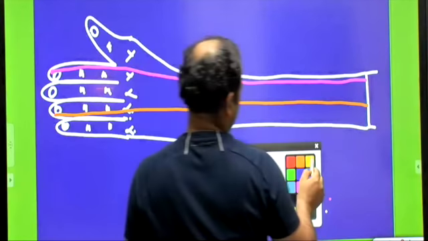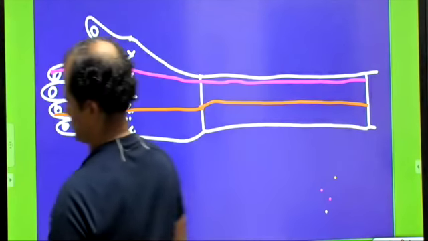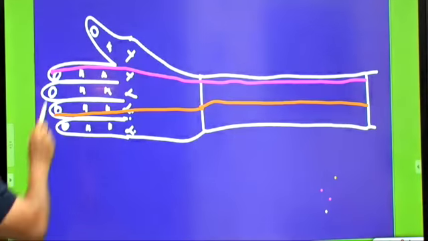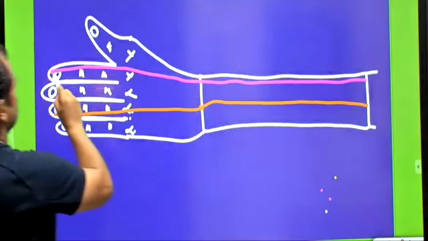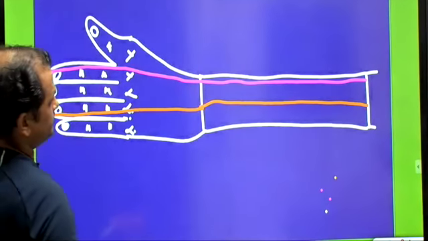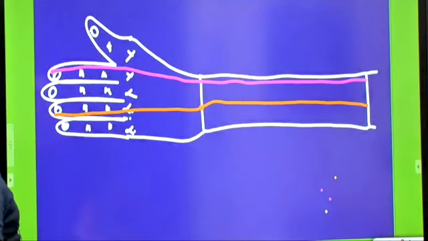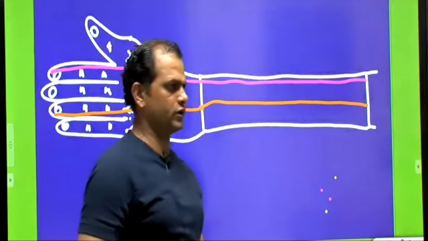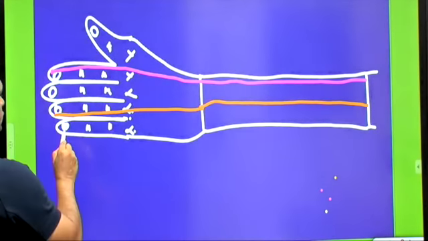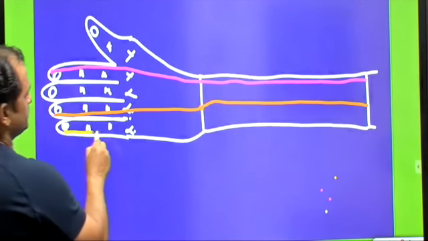So the meridian number 1 is starting from the index finger. The meridian number 2 is starting from the ring finger. And the meridian number 3 is starting from the small finger.